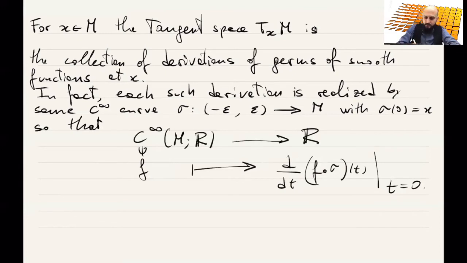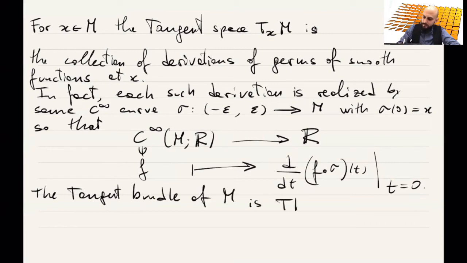Okay? So the tangent bundle of M is TM, which is just the disjoint union of all these tangent spaces, equipped with a topology, actually equipped even with a structure of manifold.